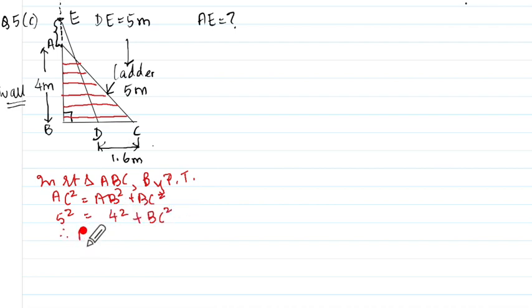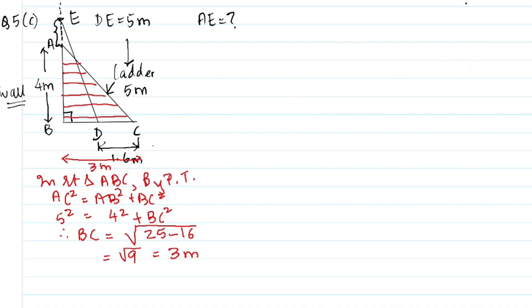Correct? Therefore, BC will be equal to 25 minus 16 and root of it, correct? Which will be equal to square root of 9, which is equal to 3 meter. So from here to here, this is going to be 3 meter.